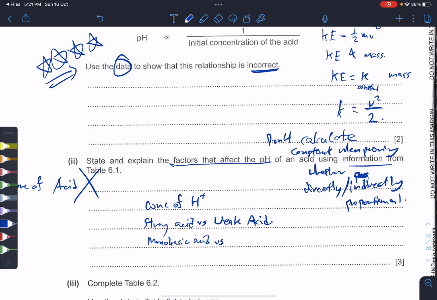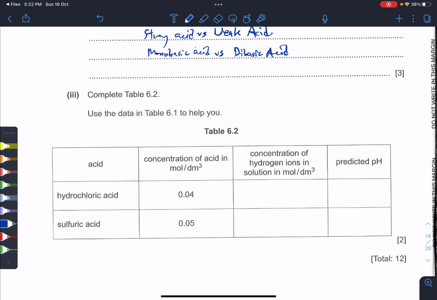Careful again, careful. Using information, it is best that when you explain, you quote the relevant values to support your argument. 3 marks, 3 points. Alright? So in this case, you have HCl 0.04, because strong acid. This is also strong acid, 0.10. Then you may be wondering, how?